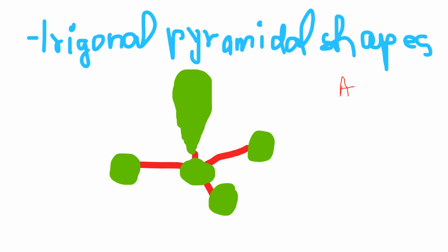Now here another term is used, AX3. It means that this is A and these three are X, where this is known as the E. Whenever you see this kind of symbol E, it represents a lone pair. So it is formed in molecules that have 3 X, meaning 3 bond pairs, and 1 lone pair.